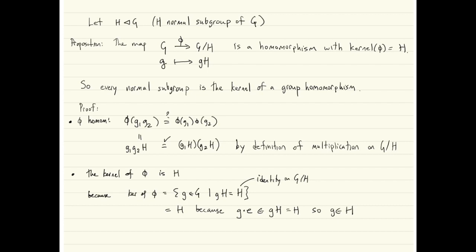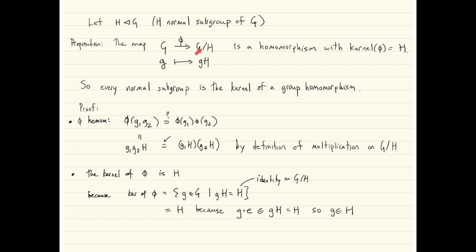And this is reminiscent, or the converse, of an earlier fact we've seen, that the kernel of any group homomorphism is a normal subgroup. This is saying that if you have a normal subgroup, it is the kernel of some group homomorphism, namely this group homomorphism. Okay, so the proof is quite simple actually.